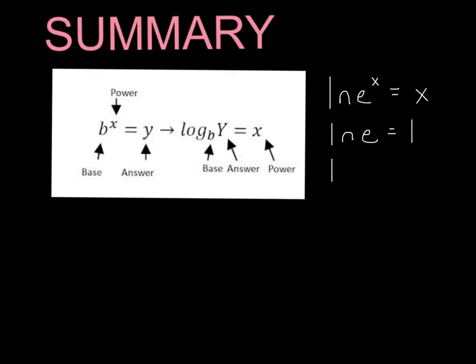We also saw that the ln of 1 was equal to 0, and that e to the ln of a number was equal to that number. So all four of these, including this expression here, should be written in your organizer and memorized.